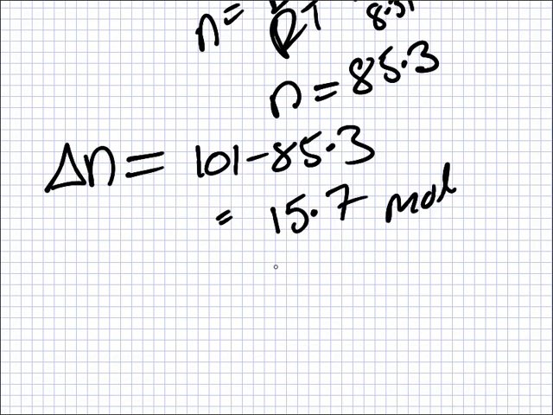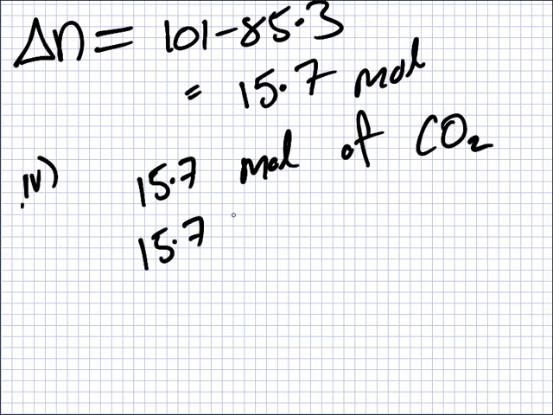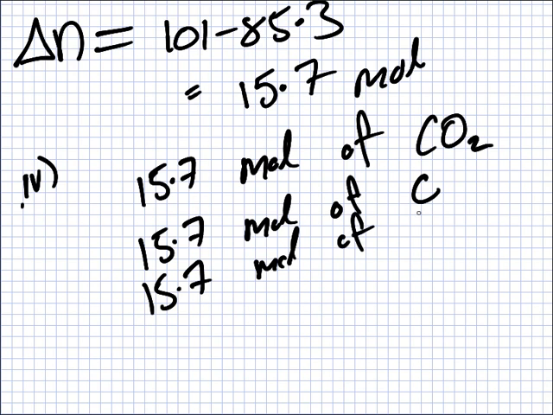Lastly, what's the mass of the CO2? So you have 15.7 moles of CO2, right? That means you have 15.7 moles of C and 15.7 moles of O2. The atomic mass of carbon is 12 and of oxygen is 16.